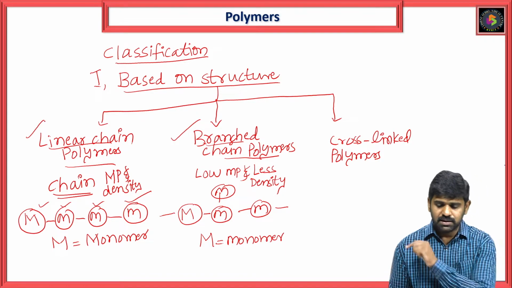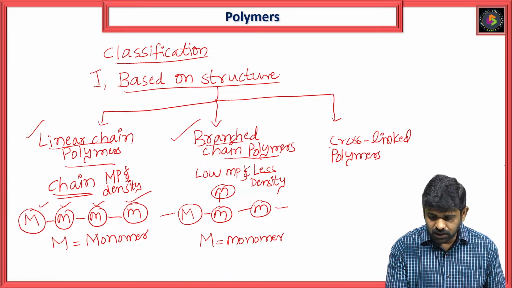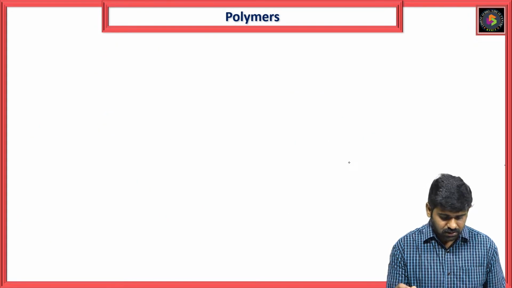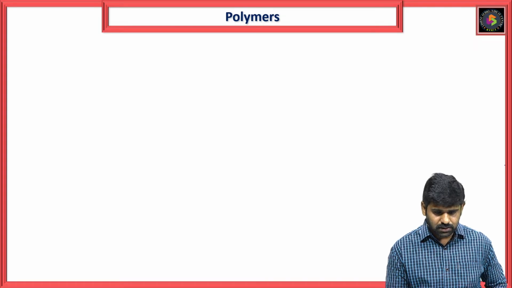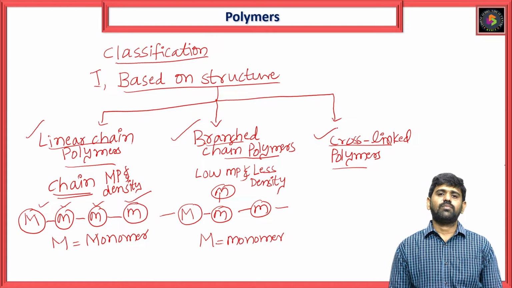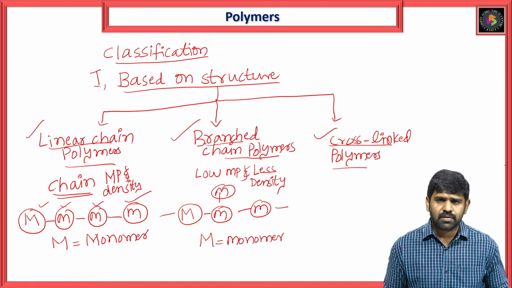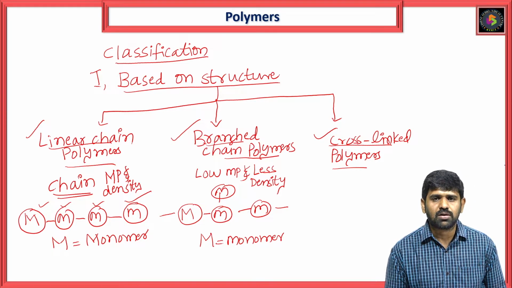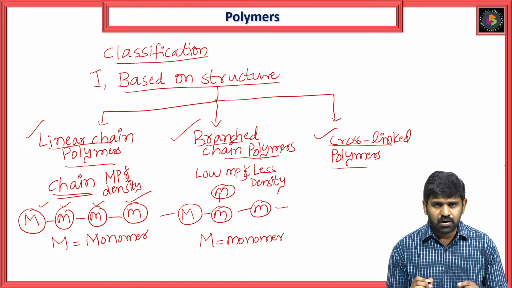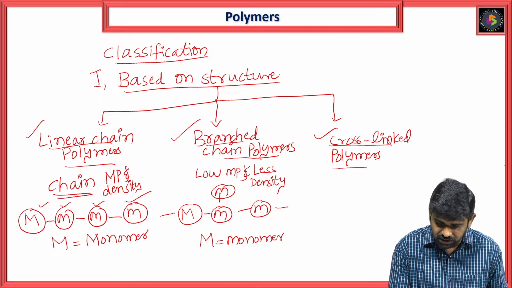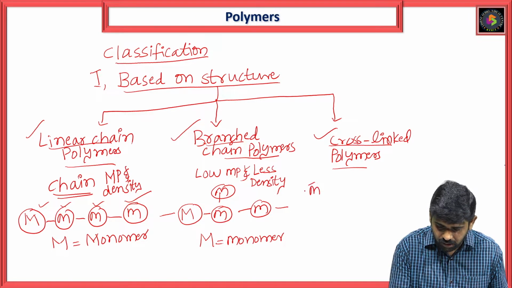Linear chain, branched chain, and one more, the third one, is cross-linked polymers. In cross-linked polymers, all the monomers are cross-linked together in all three dimensions, like this.